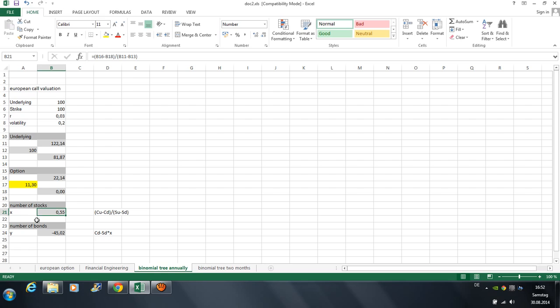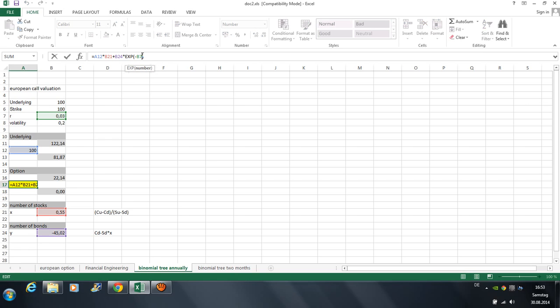And we would short bonds, but this is the price of the bond which we calculate here at the end of the year. Because we need the price of the bond today, which we short, we have to discount it to today. That's what we do, and that's why I use the interest rate here.